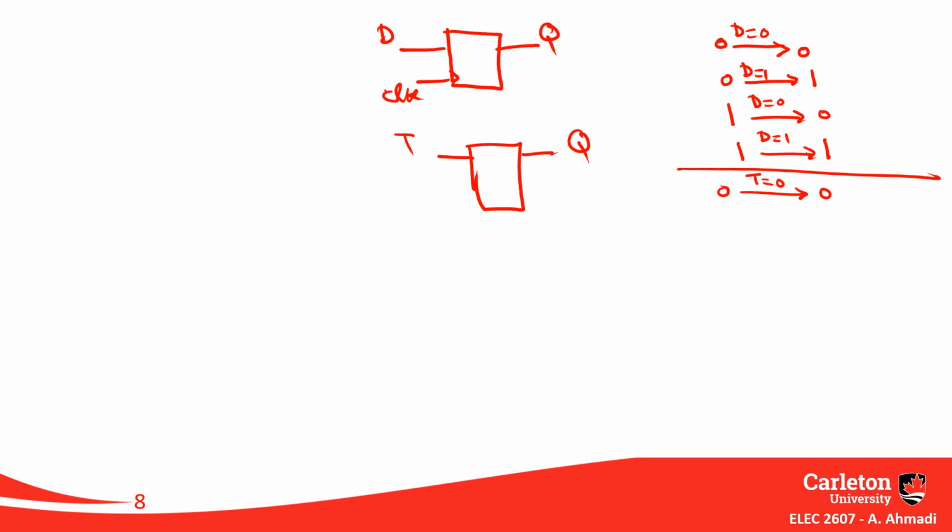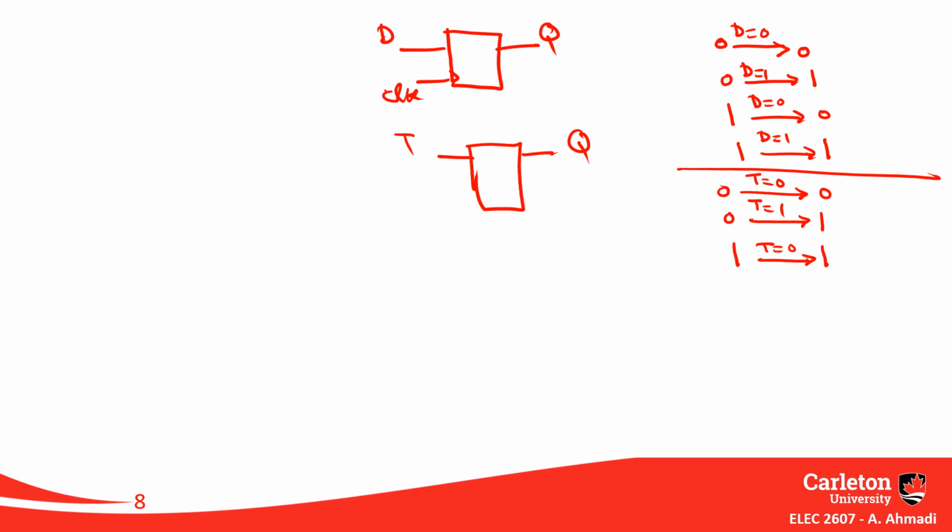But if you have 0 as your current value saved in the T flip-flop and you want to change it to 1, you have to apply T equal to 1. If you have 1 right now and you want it unchanged, to stay 1, you have to apply T equal to 0.